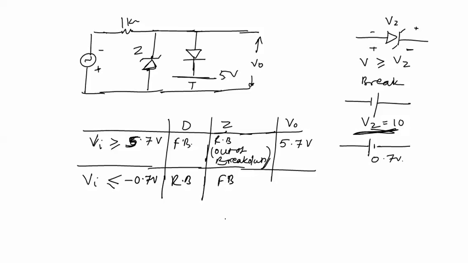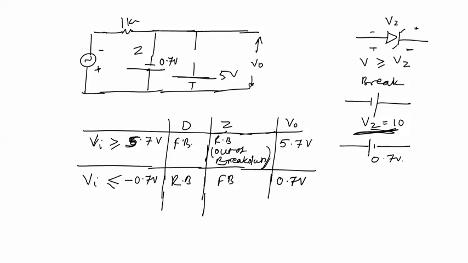In this case, the Zener diode will be replaced with a 0.7 volt battery, sorry, the polarity will be different: anode will be positive. And in this circuit we can see that the output voltage is equal to minus 0.7 volt.